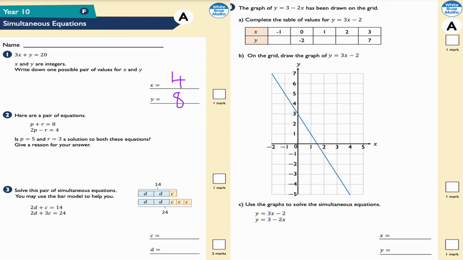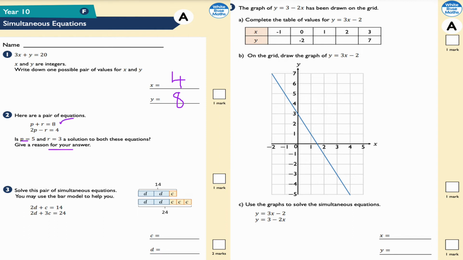This is question number 2. Here is a pair of equations. p plus r equals 8, 2p minus r is 4. Is p equals 5 and r equals 3 a solution to both of these equations? Give a reason for your answer. Well, the first one, yes it is.